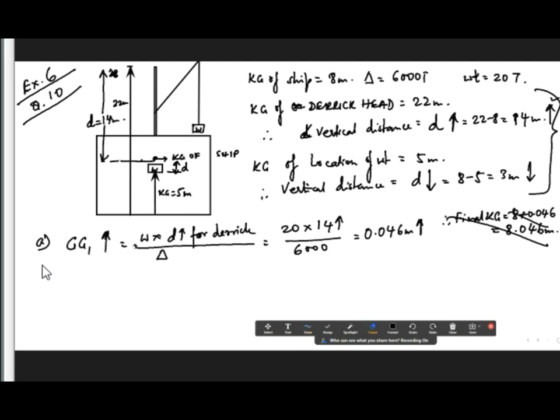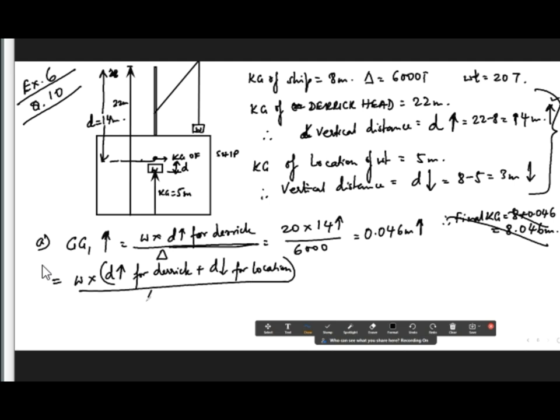Okay, so accepted. What we will do is D for the derrick, 17: D upwards for the derrick plus D downwards for the location. In any case it is going upwards only, so we will say 20 into 14 plus 3, going upwards, divided by 6,000.